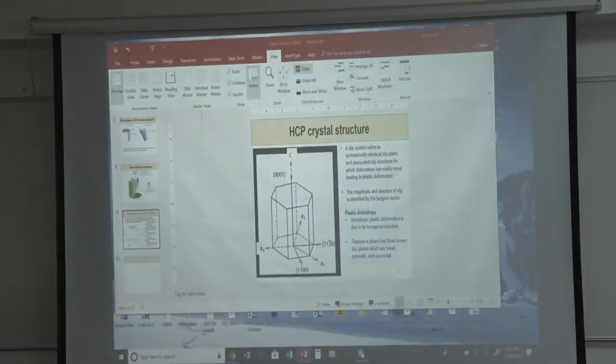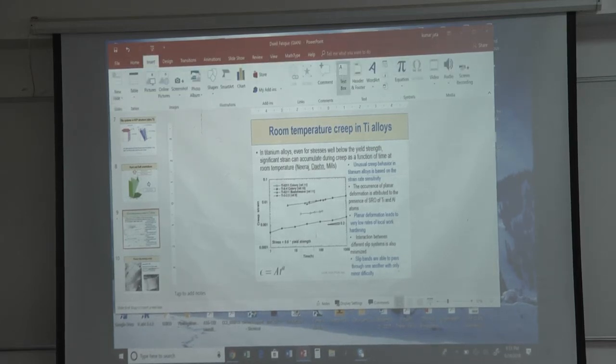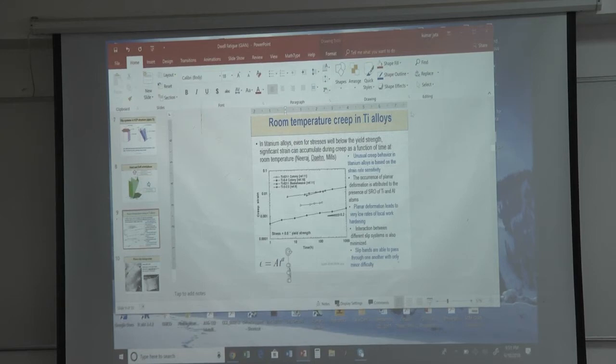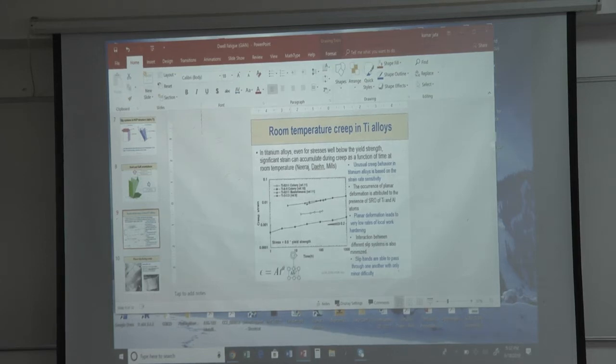Where is it? Okay, so in there, Andrade's law. So this kind of creep strain up to what temperature? Room temperature. Whole thing is at room temperature.